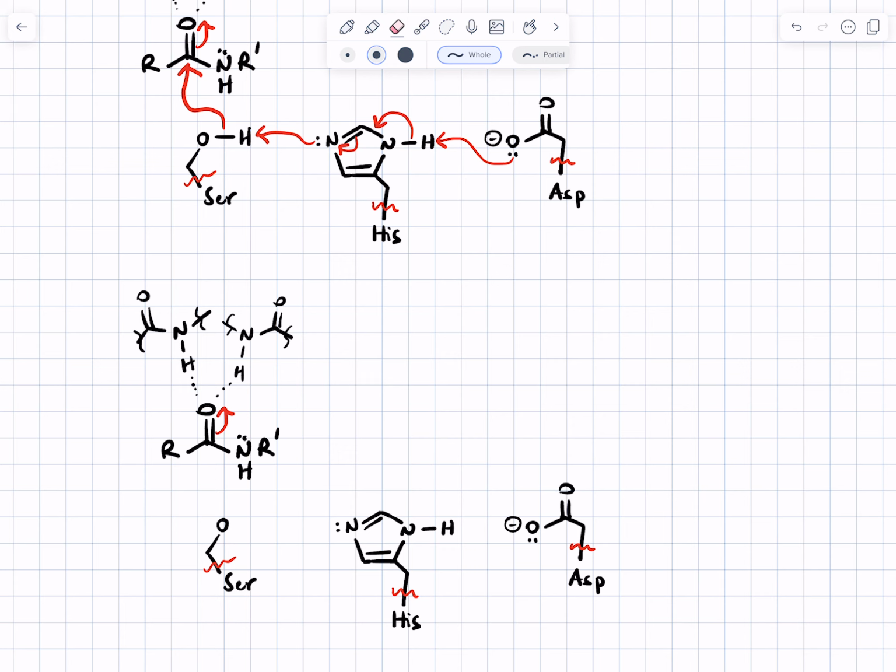If you followed what we've done, we have a new bond between the oxygen of serine and the carbonyl carbon. I'll illustrate that new bond in blue. The carbonyl oxygen is negatively charged now. The proton from serine is now attached to histidine.